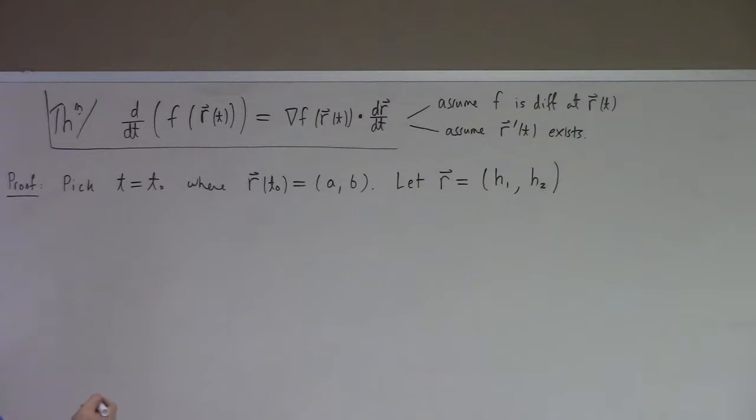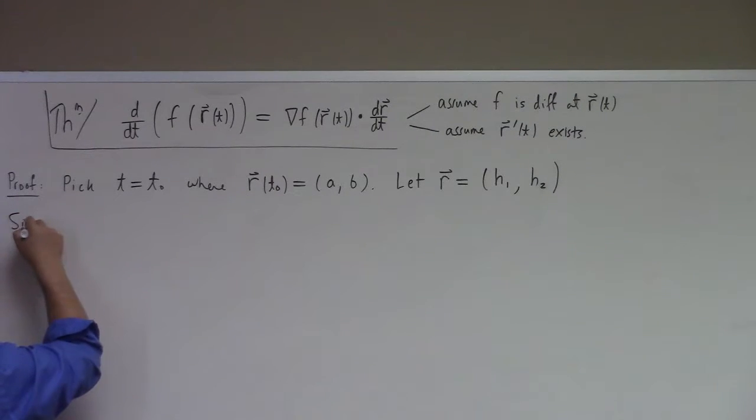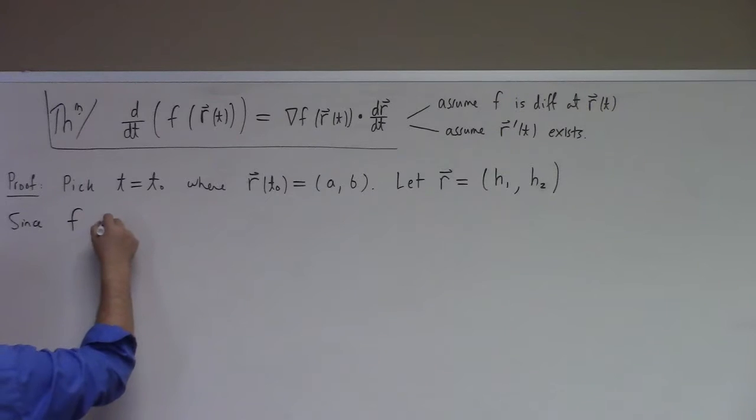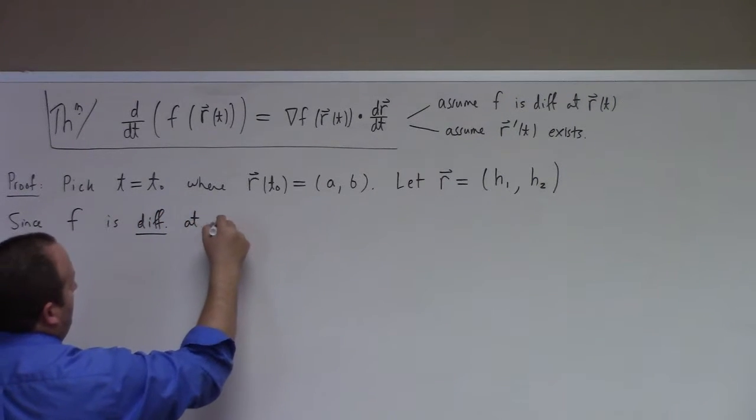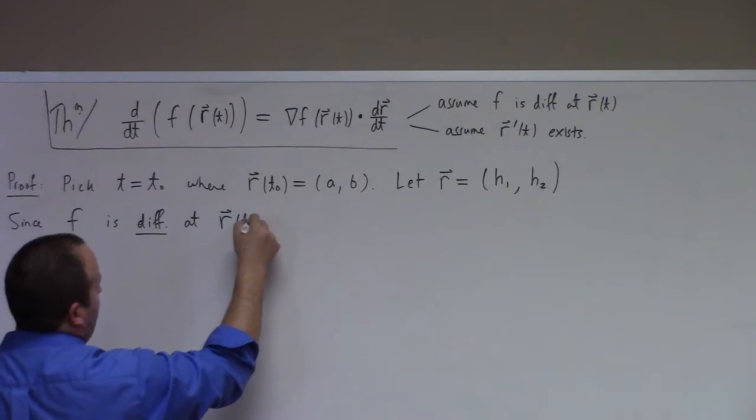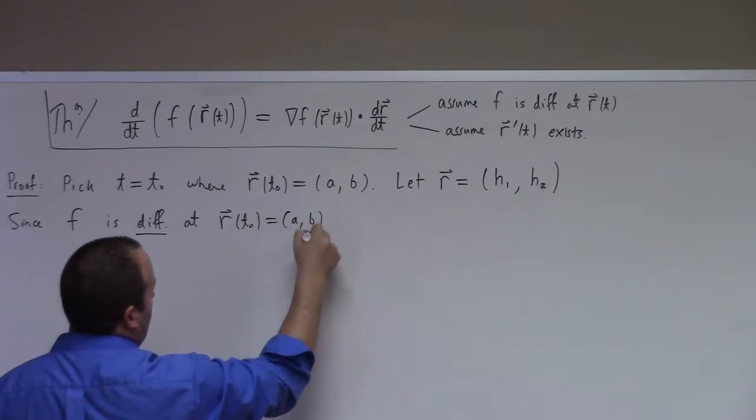Okay, so what does it mean for f to be differentiable at r of t? Well, it's differentiable at r of t naught, which is equal to (a, b). What's that tell me?